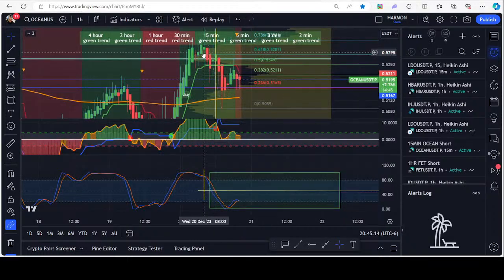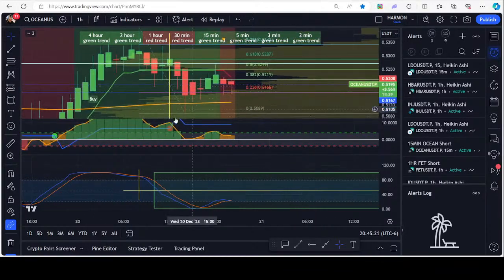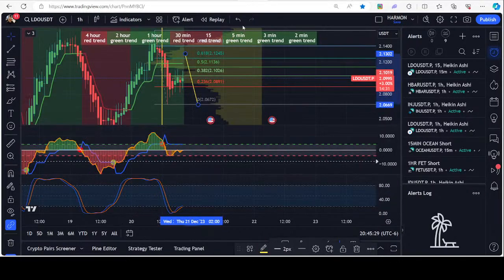Ocean had its pullback right here. So moon came in, pullback, pushed up, and then finally got its red trend up here to come back down. LDO is in the same scenario: the red moon pushed down, it's pushing up right now, then it'll get its red trend, and then we'll see that second move.